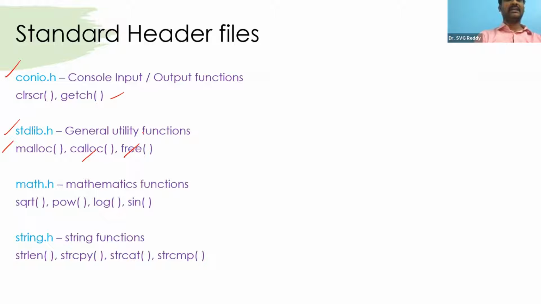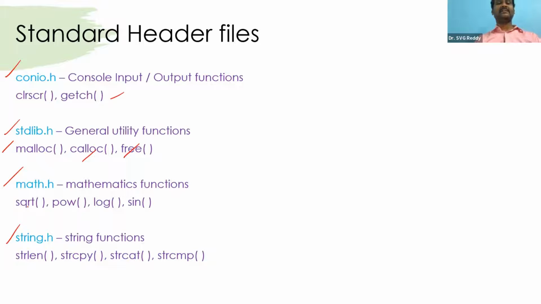Okay. And then the other header file, which is math.h, is mainly to perform mathematical functions. We have some standard functions called square root, power, log, and sine, and a lot of other mathematical functions also. All those are kept in math.h. In the same way, in string.h we have the string functions like string length, string copy, string concatenation, and string comparison.